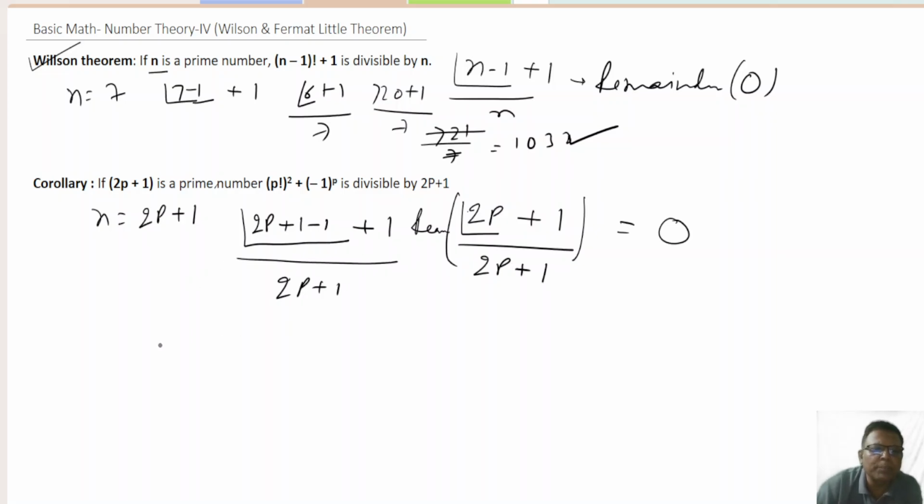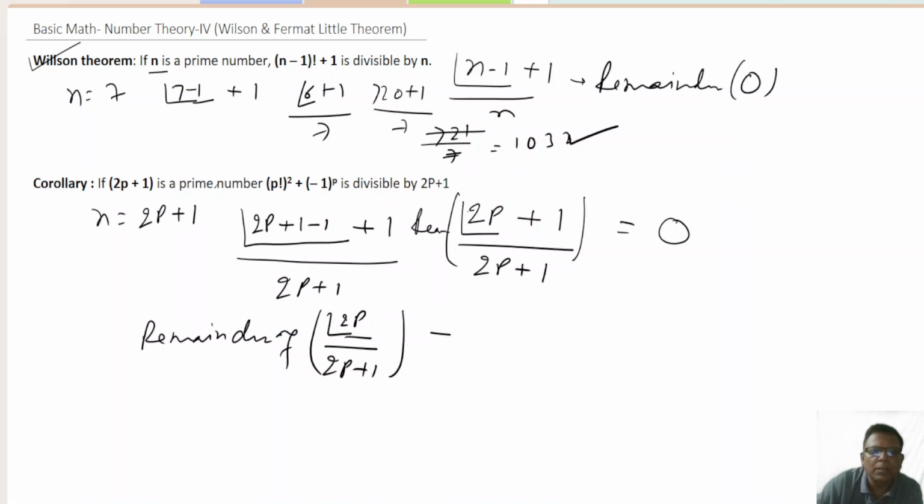So you will split it. That means the remainder of factorial 2p divided by 2p plus 1, and the remainder of 1 by 2p plus 1, should be 0.